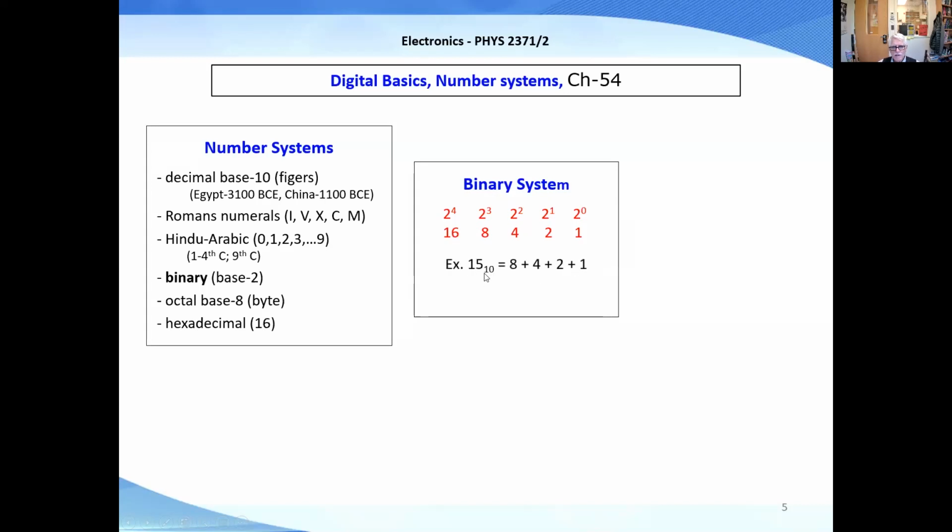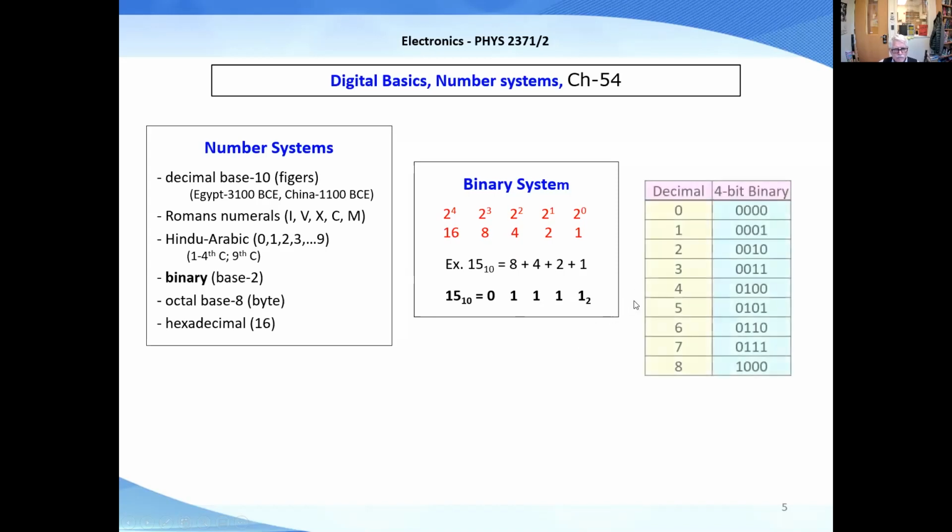So 15 in the base 10 system would be 8, 4, 2, and 1. So you'd write that as 0, 1, 1, 1, 1. This is 1, this is 2, this is 4, this is 8. You sum those together and get 15 base 10. And here's the numbers up to 8.